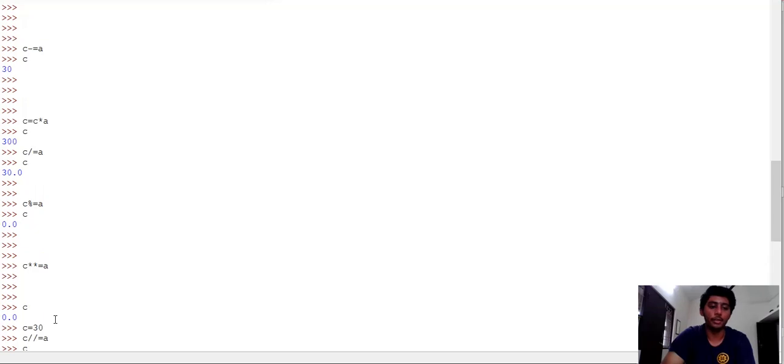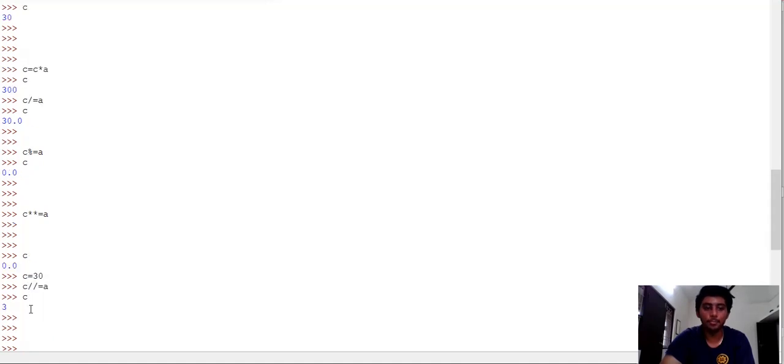C star star equal to A. Since the value of A is 10 and the value of C is 0, it will do the calculation as C to the power A, that is 0 to the power anything is 0. So the answer is 0.